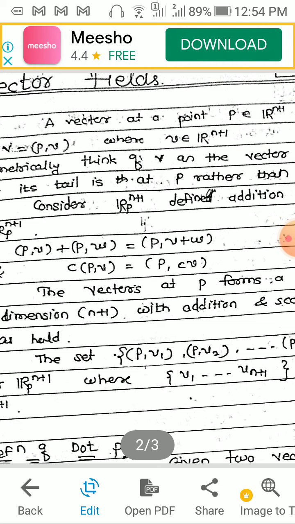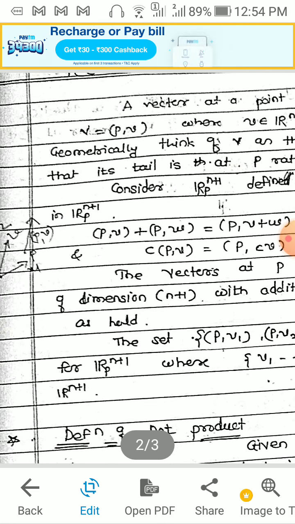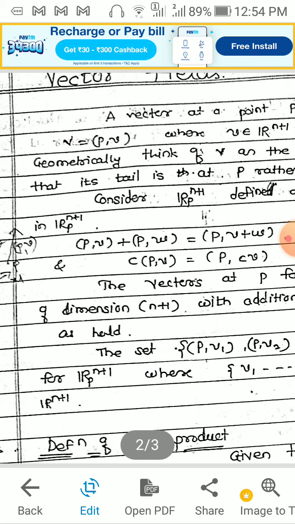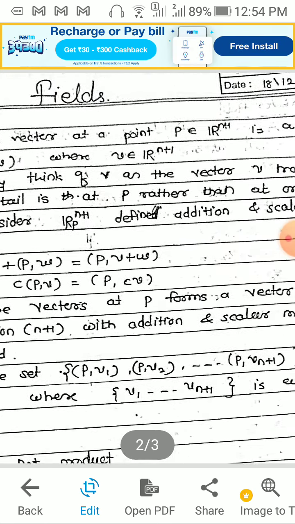So an element or a point in Rn+1 is described as P = (x1, x2, ..., xn+1). This is a single point, where all x1, x2, ..., xn+1 are real numbers, because it is Rn+1. Now let capital V be equal to (P, small v), where small v is a vector in Rn+1.